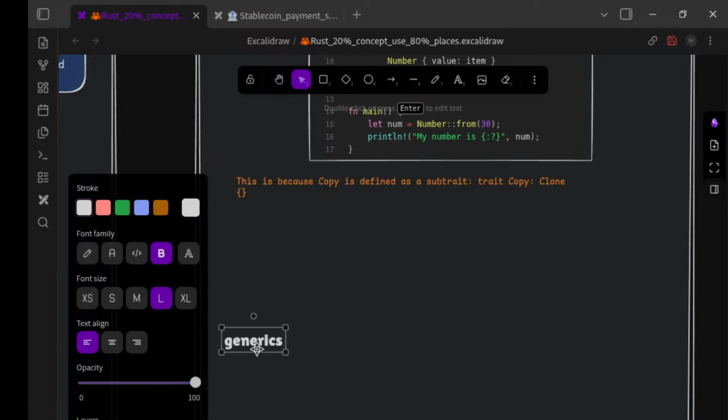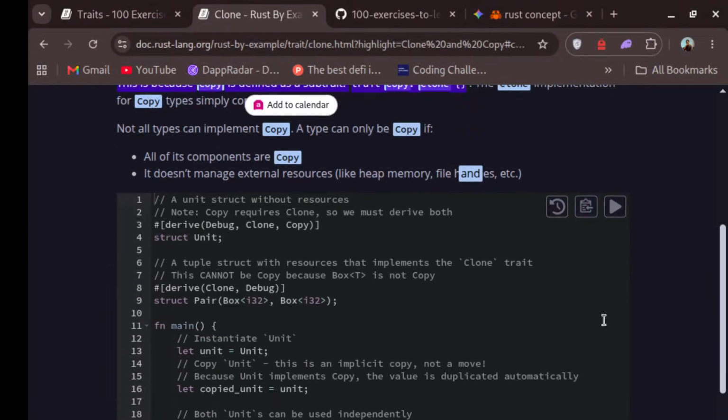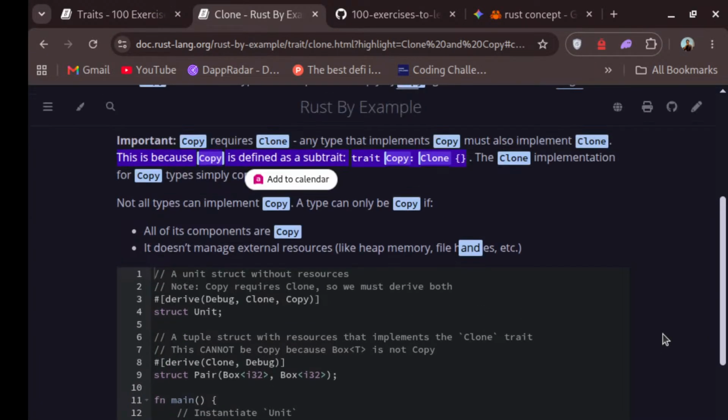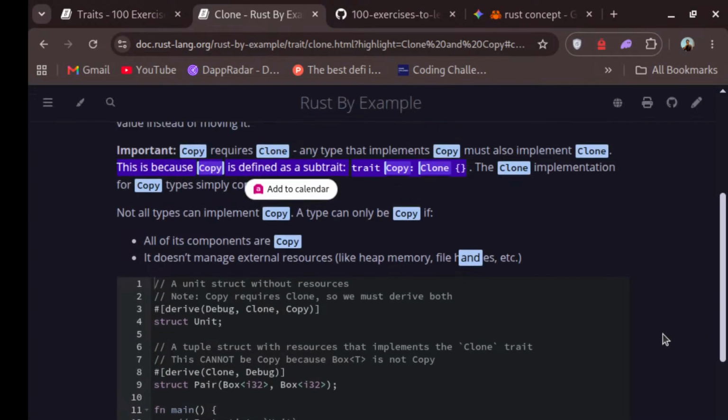Okay, that is good. Not all types can implement Copy.